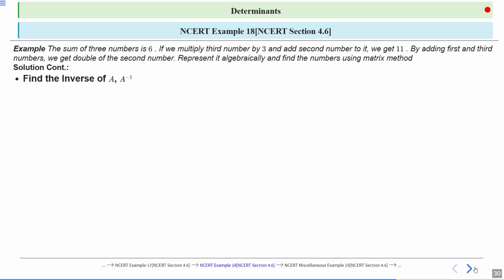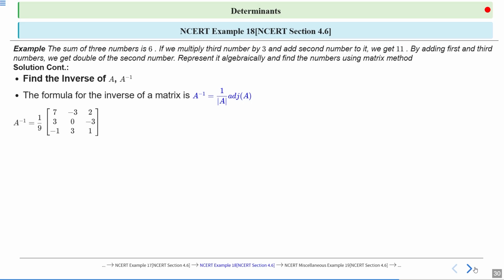Now we find the inverse of A, and the formula is 1 by determinant of A into adjoint of A. The determinant of A is 9, so 1 by 9 into the adjoint of A, that is 7, -3, 2, 3, 0, -3, -1, 3, 1.